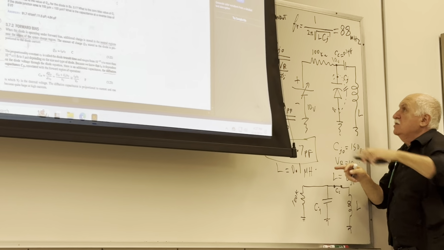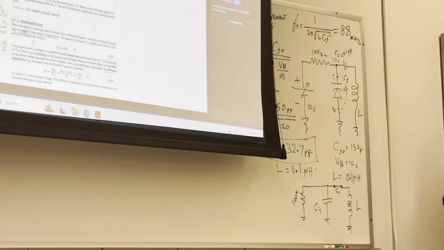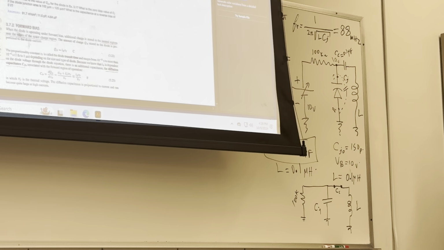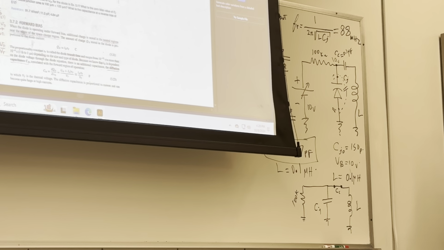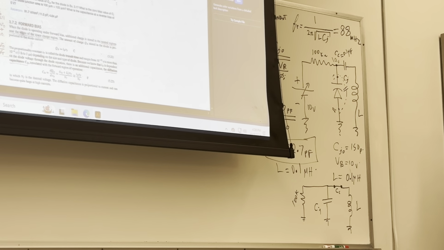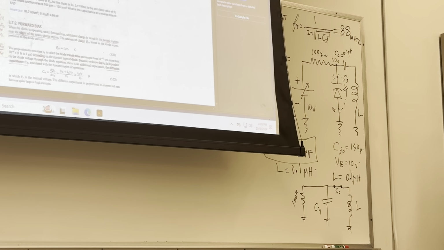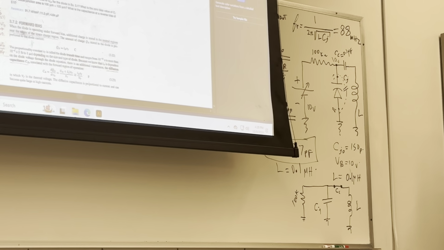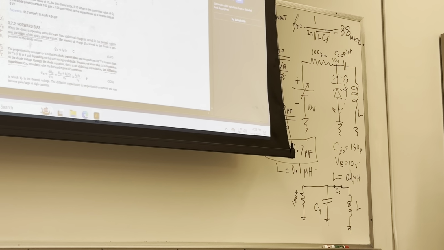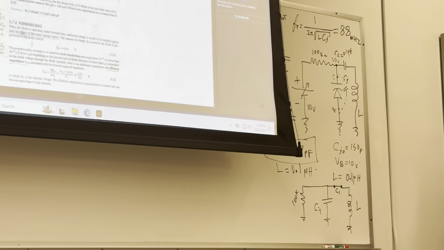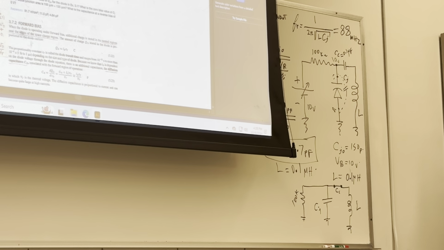So let me calculate for 150. 150 exponent minus 12, times 0.1 exponent minus 6, square root that, times by 2 pi, and then invert it. 41 megahertz.